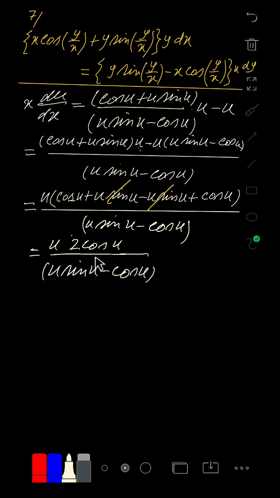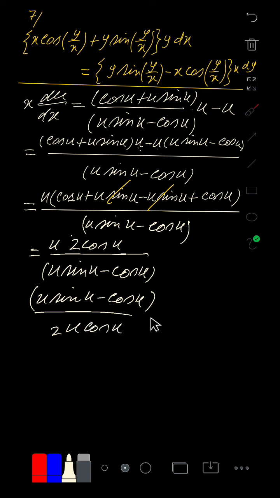Now transposing this expression to the left-hand side and x dx to the right-hand side, we have (u sin u − cos u) in the numerator and 2u cos u in the denominator, du equal to 1 upon x dx.